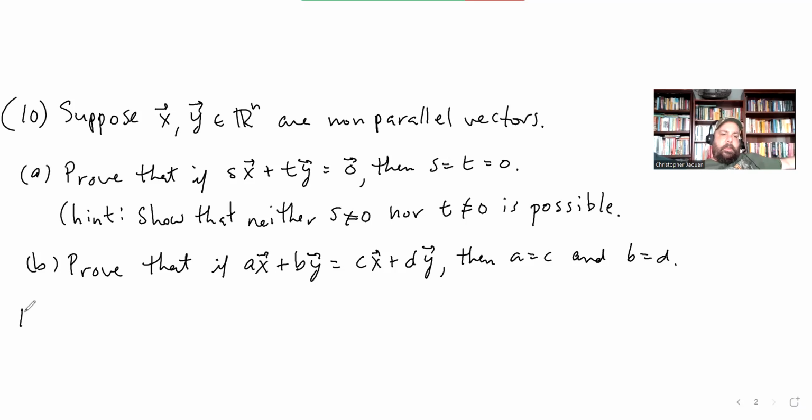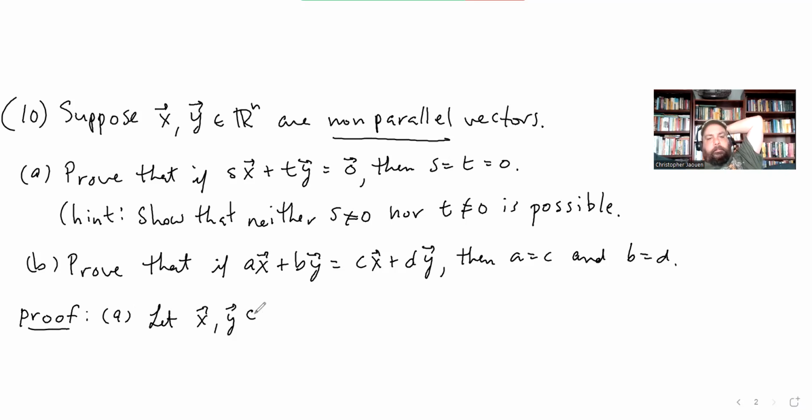Right, so let's start with part A. Okay, so part A says, prove that if Sx plus Ty equals the zero vector, then S equals T equals 0. So first off, we're assuming that they're non-parallel, right? So let X, Y in Rn be non-parallel.